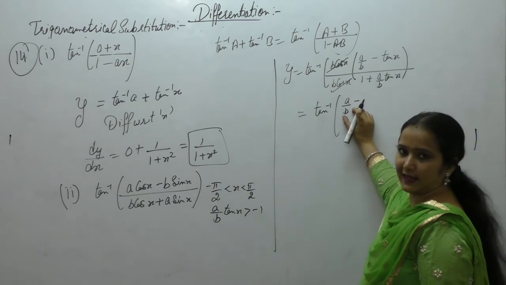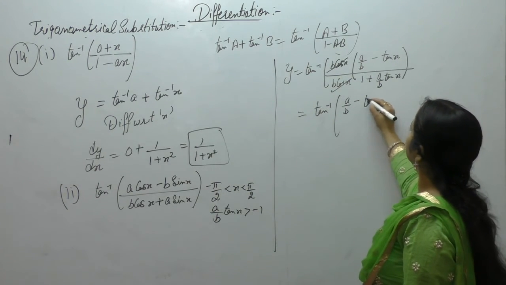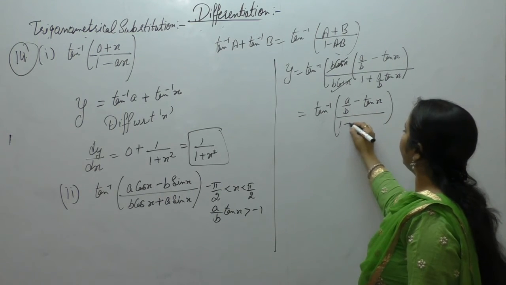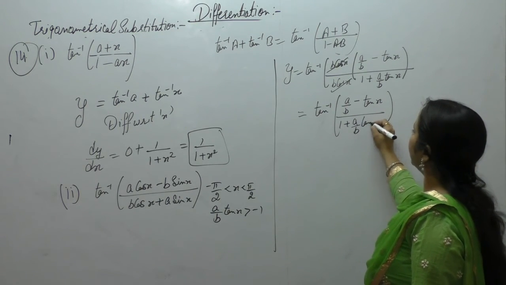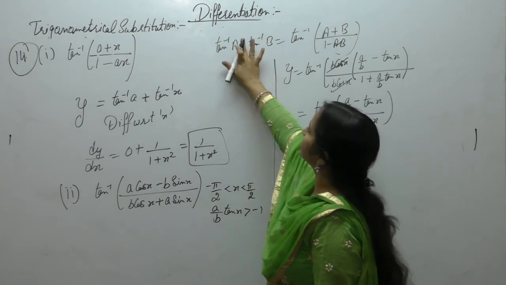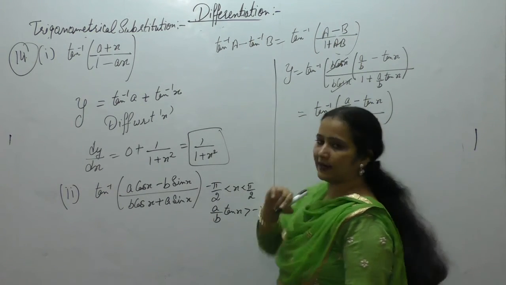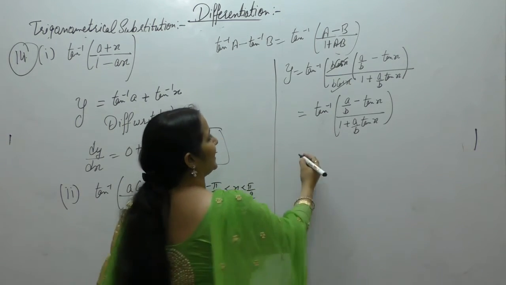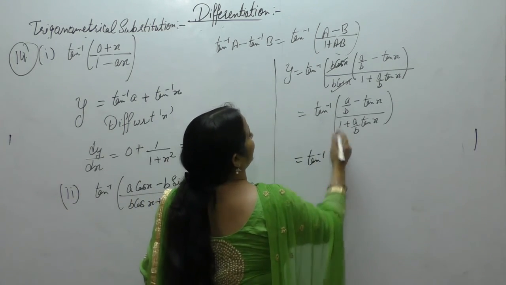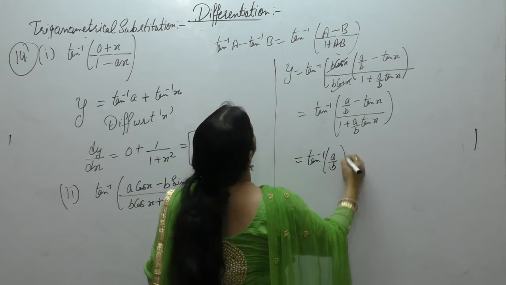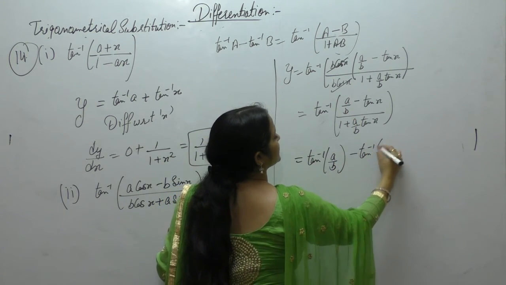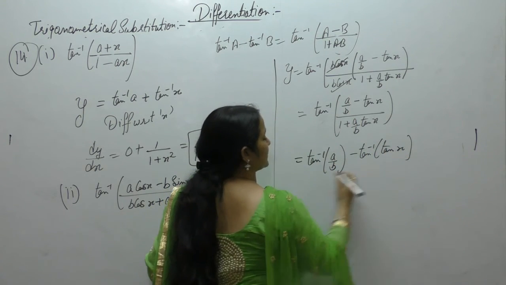Let this be a. A minus b upon 1 plus a into b. So instead of this, we will use this formula. So here negative and here positive. So we can write this as tan inverse a, where a is a upon b, minus tan inverse b, where b is tan of x.